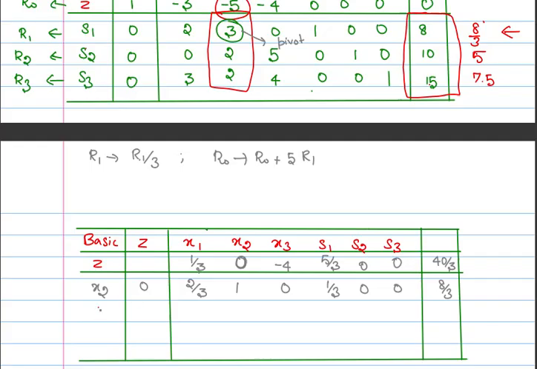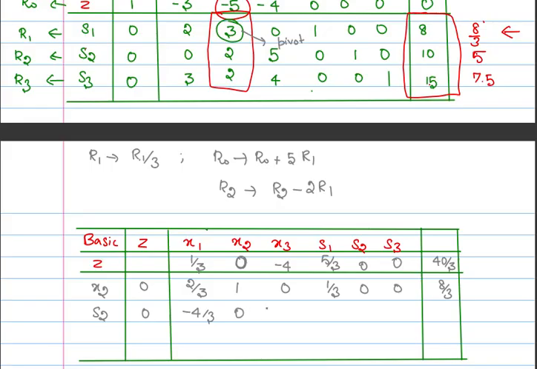Next, the S2 coefficient here also is 0. Now here also I want to make it 0. Here 2 is there, so R2 becomes R2 minus 2 times R1, correct? So this is 2 by 3 minus... so minus 4 by 3.